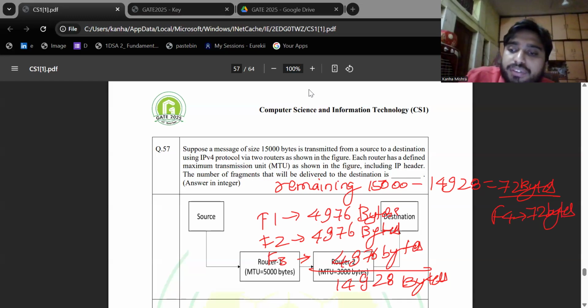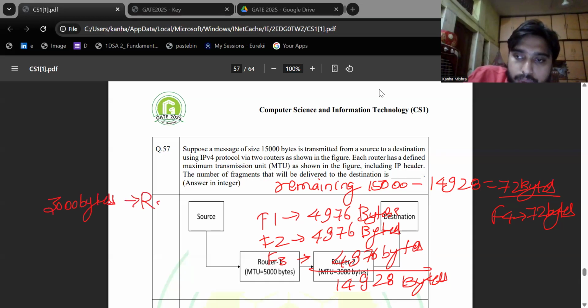So after the first router, we have four fragments, each having its own 20 byte header. Once that is done, let's move forward and talk about the second router's MTU. These four fragments arrive at router 2, which has an MTU of 3000 bytes.